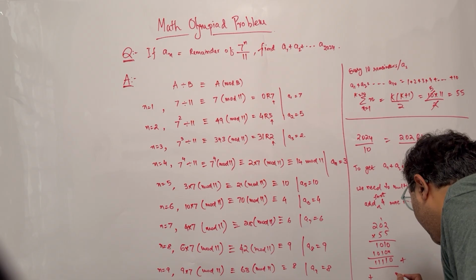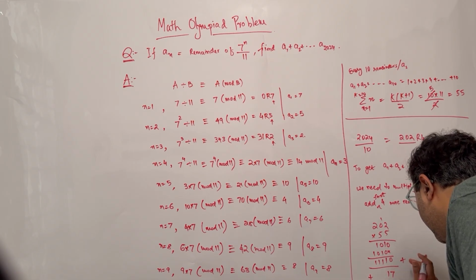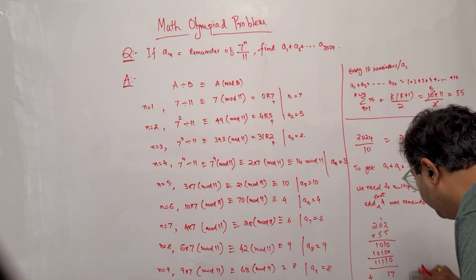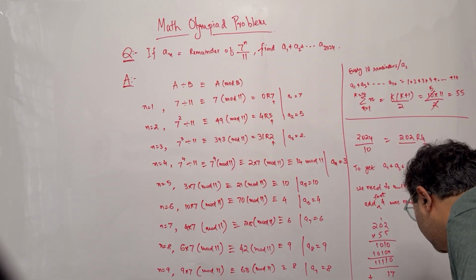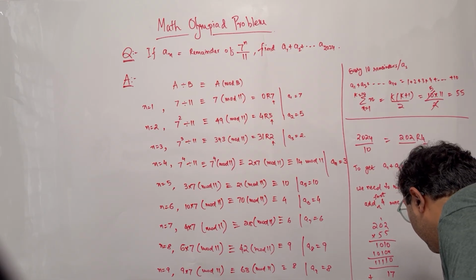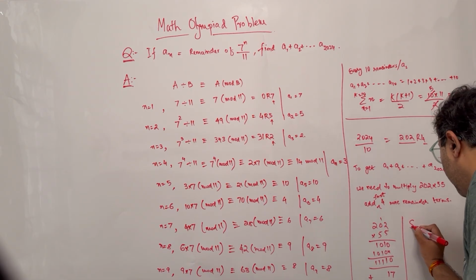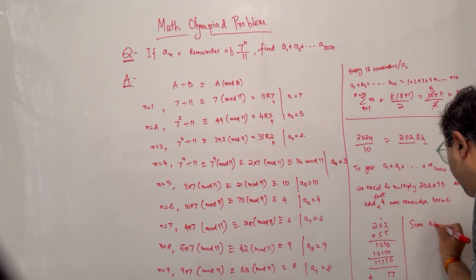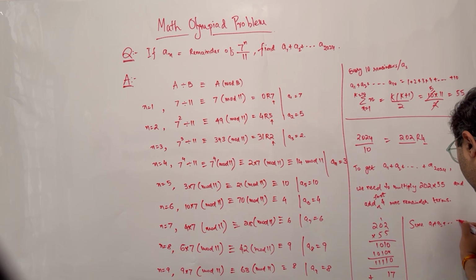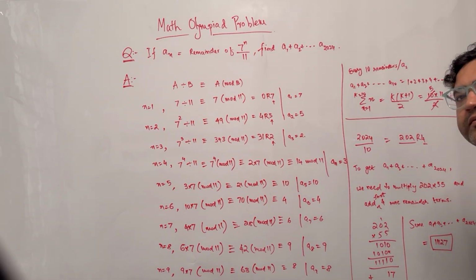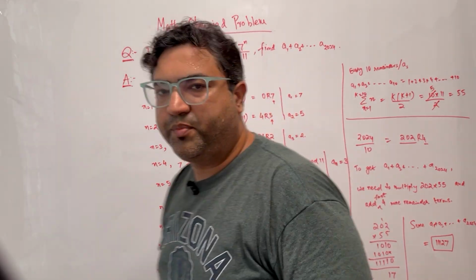So we have to add 17 to this. This will get us 11127. So the sum A1 plus A2 plus up to A2024 will be 11127, and that's our answer. Hope you like this video.